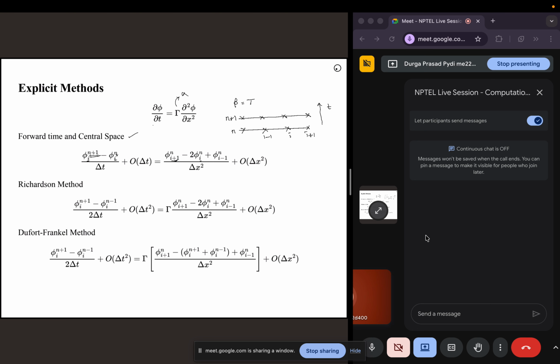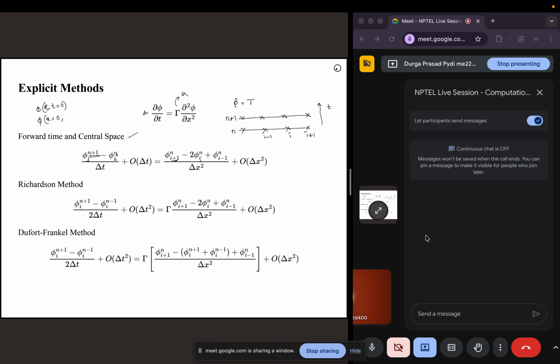This is called a time marching method. We would assume that we have the boundary conditions along with this. You need to know the value of phi throughout the domain at t equal to 0, which has to be specified.